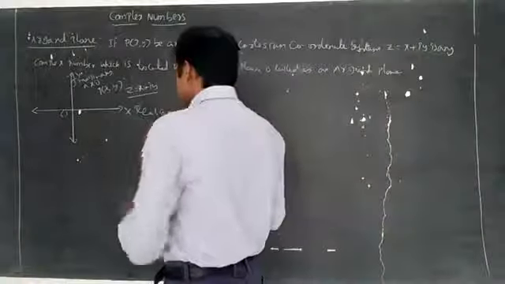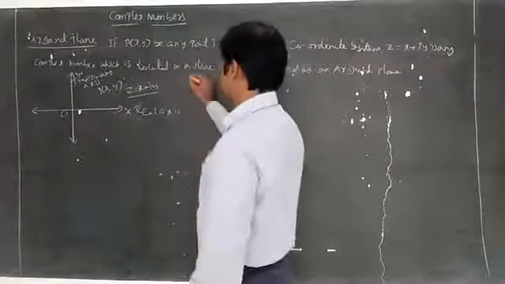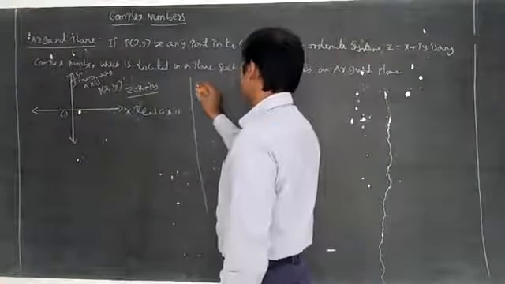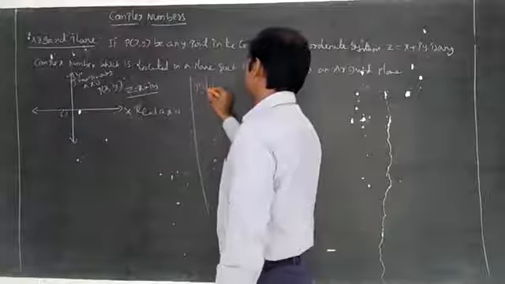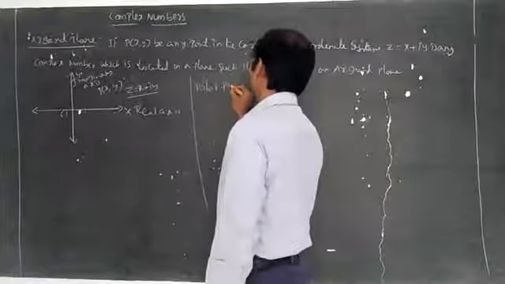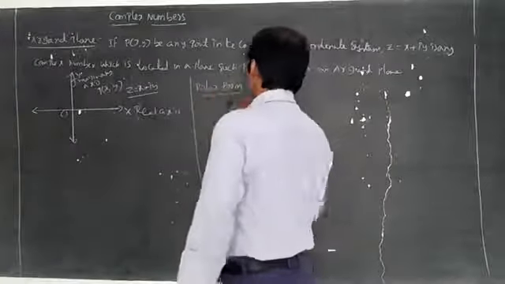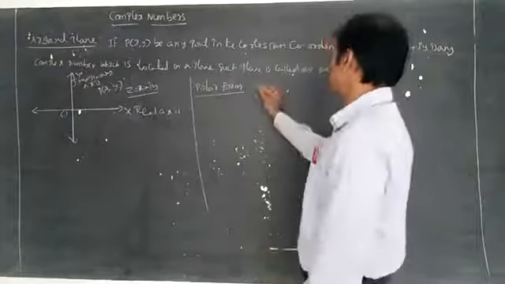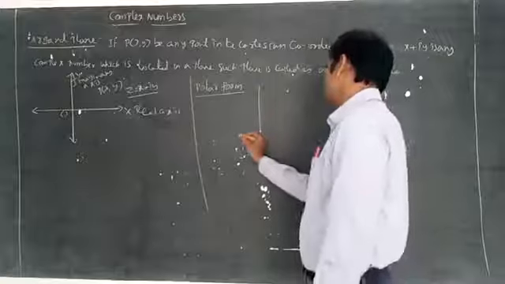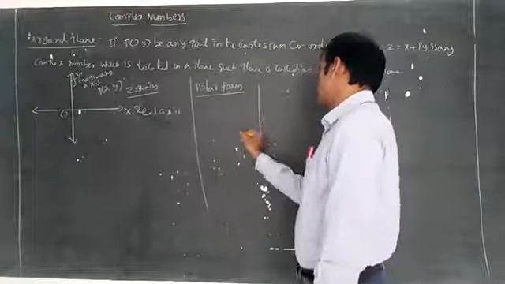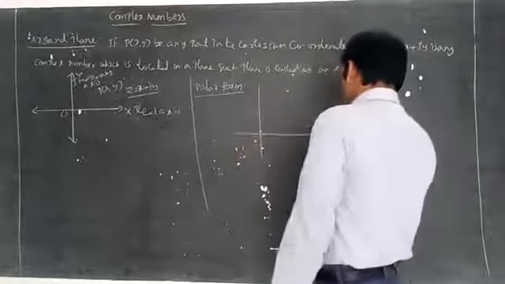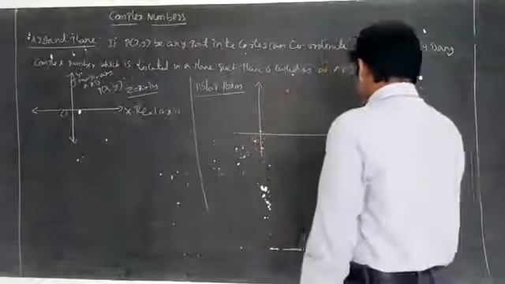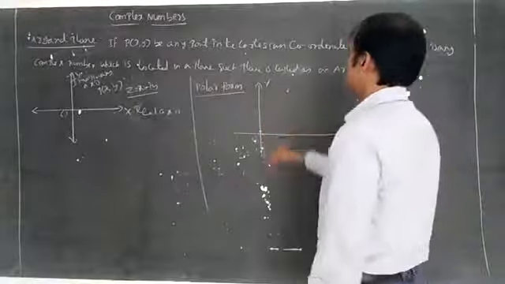Now we can discuss polar form. Some theory is there for polar form. Let us draw the line like this. Put O here, x here, y here.